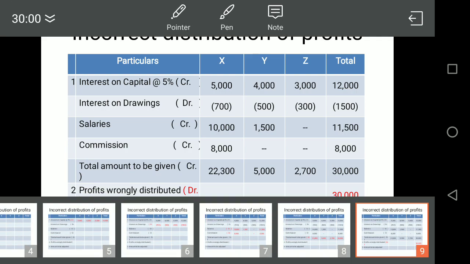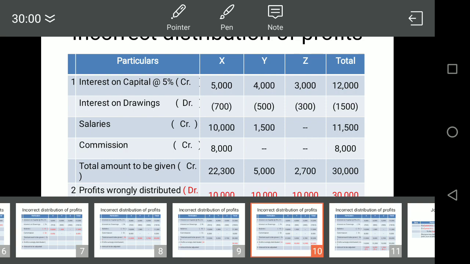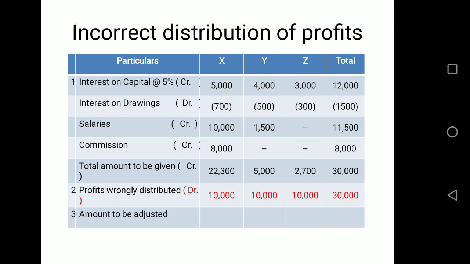If we charge this from partners in their profit sharing ratio, that comes to 1:1:1, 30,000 in 1:1:1, 10,000 each we have to charge. So this is the amount we have to take back from the partners, and we have to provide them the amount which is the total of your step 1: 22,300, 5,000 and 2,700.